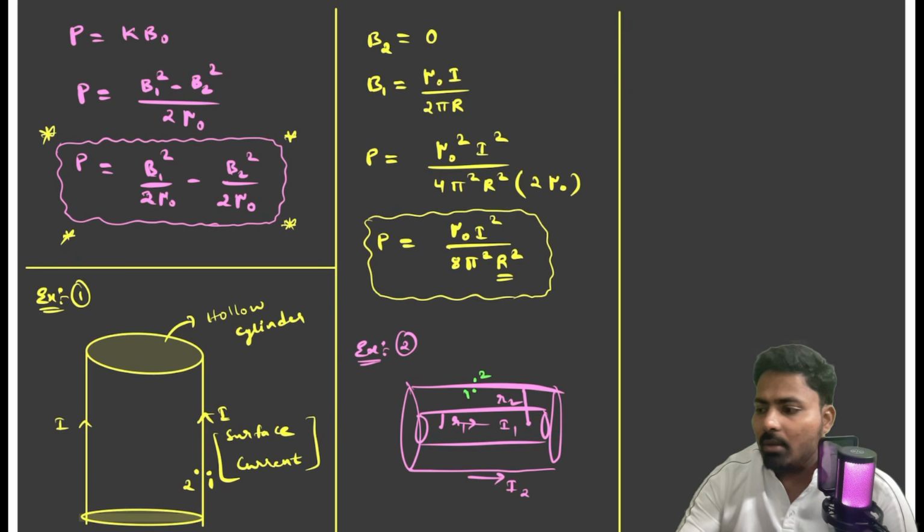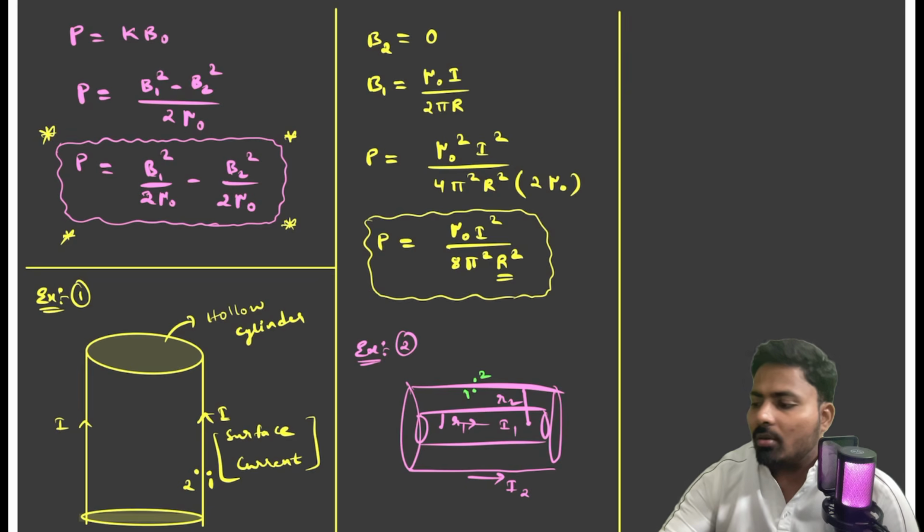Due to the outer cylinder the magnetic field is 0 over here, but due to the inner cylinder we'll have a field. So the B1 value will be only because of the inner cylinder, which is mu naught I1 by, at a distance of what?